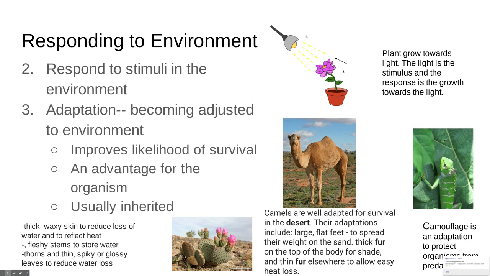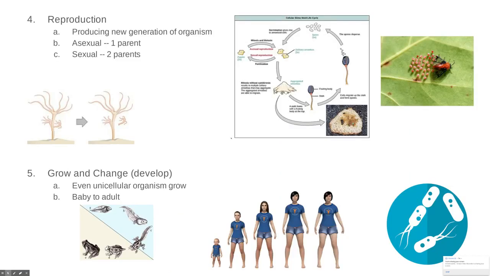Their fur provides shade for them, and there's thin fur in other places. They have a way to store water, so it makes them well adapted for the desert. Cacti are also adapted for the desert. They have a waxy skin to reduce loss of water, fleshy stems to store the water, and thorns and spiky or glossy leaves to help reduce water loss. So, those are some examples of adaptations.